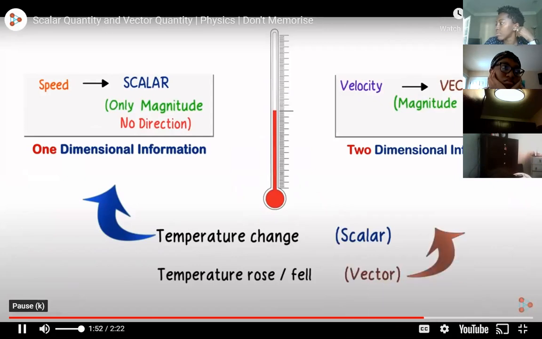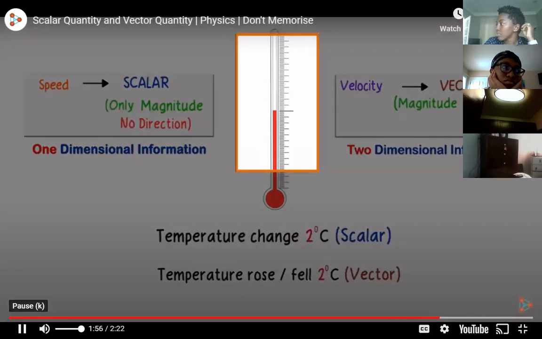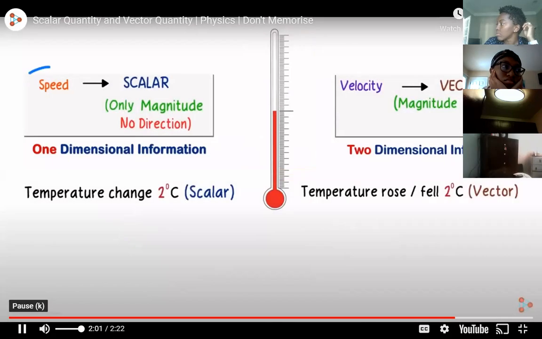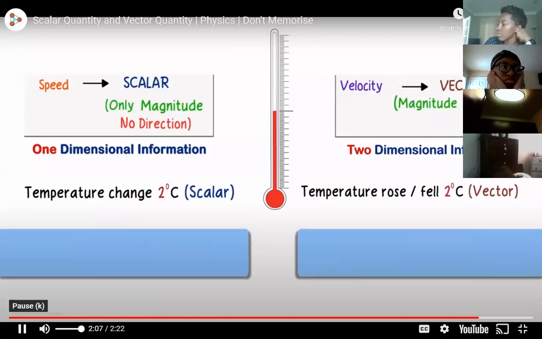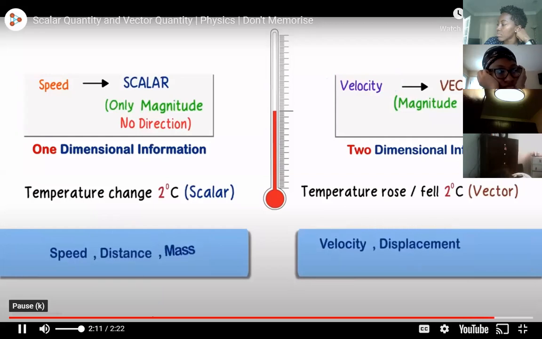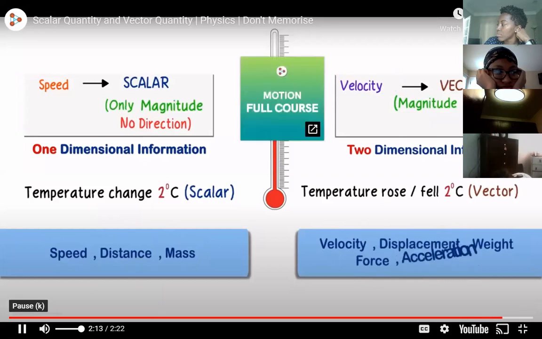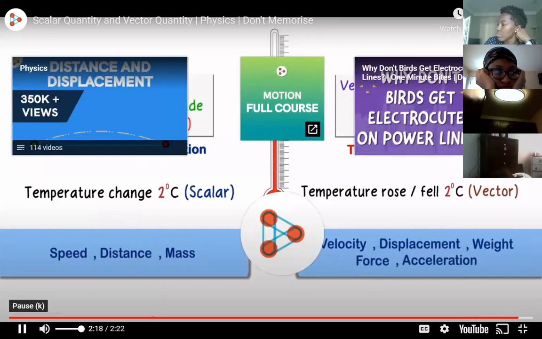If someone says that the temperature has changed by 2 degrees, we won't really know if it has increased or decreased. We will look at various scalar and vector quantities in the next few tutorials and for as long as we study physics: speed, velocity, distance, displacement, mass, weight, force, acceleration. The more we look at these, the clearer this concept will become.